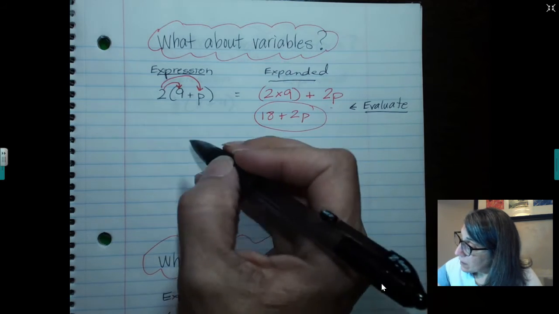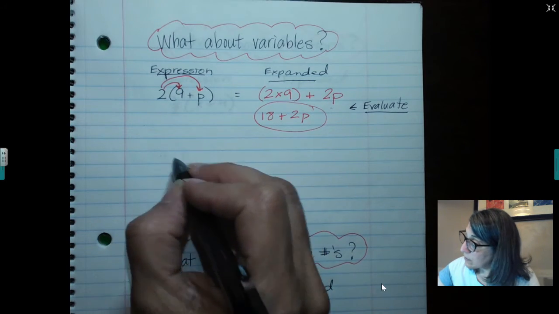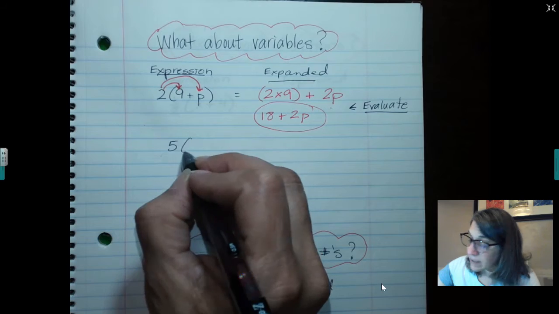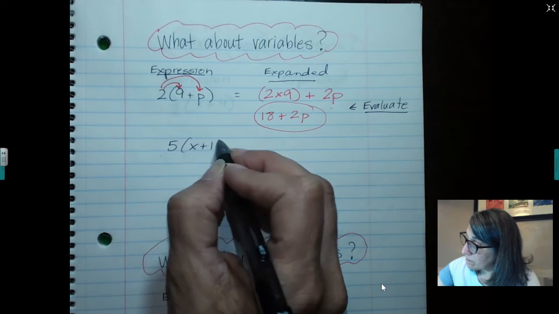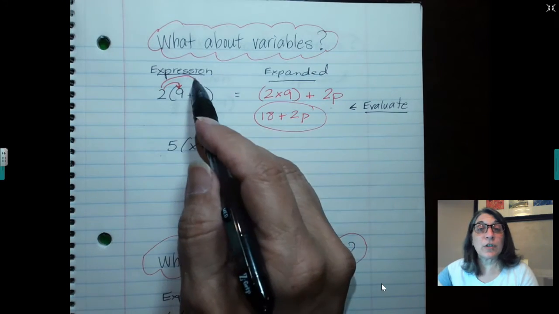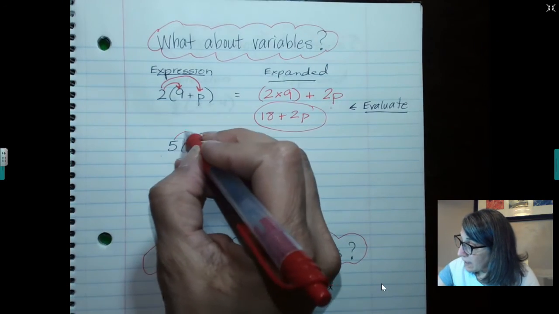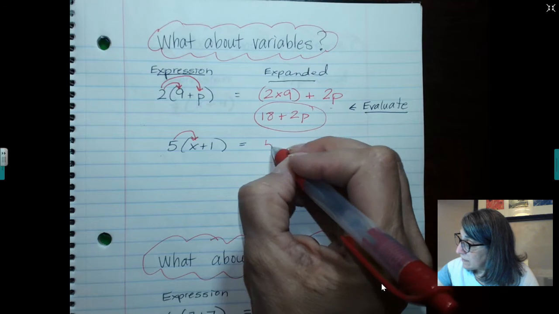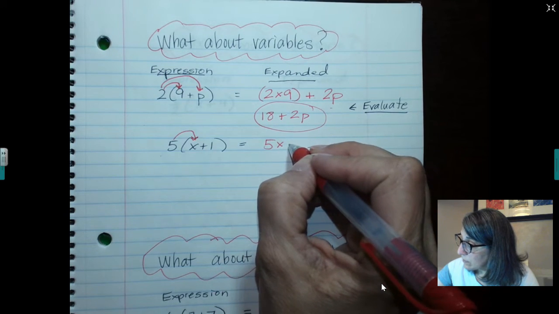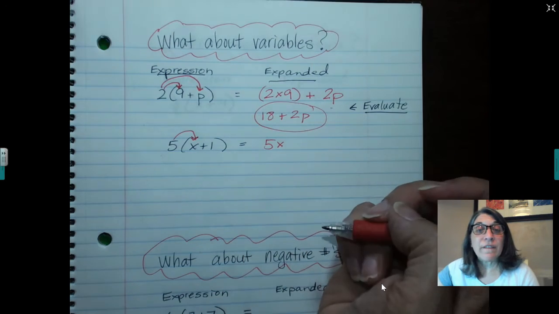Okay, let's try another one. This one we'll use an x. So if I do 5 times x plus 1, okay, that's my expression. Now I'm going to expand it over here. So I'm going to multiply 5 times x. Oh, wait, I don't need to write 5 times x.